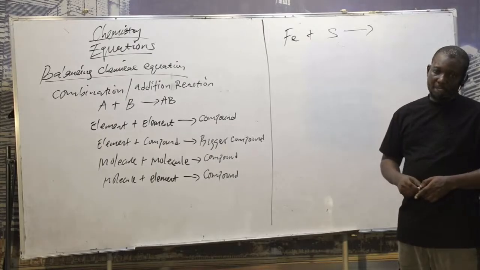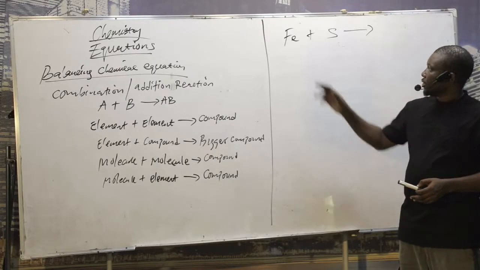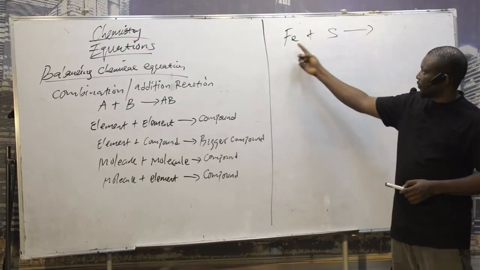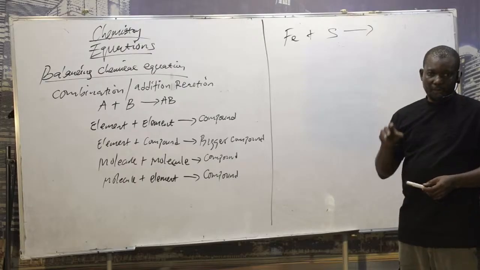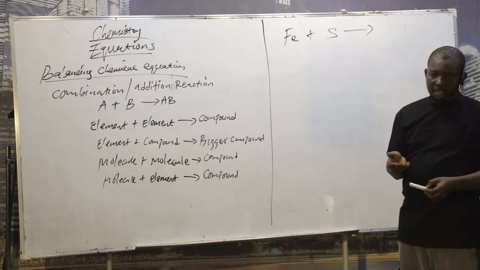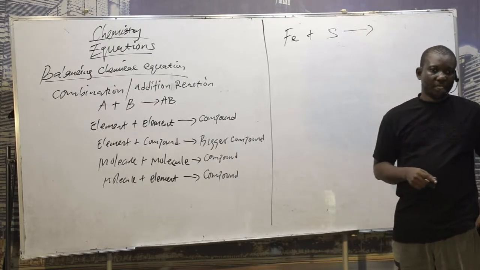But when you are balancing the equation there, you must take note that for one of the participating reactants, like sulfur or iron, you should have a basic idea of the valency. Iron is not within the first 20 elements.